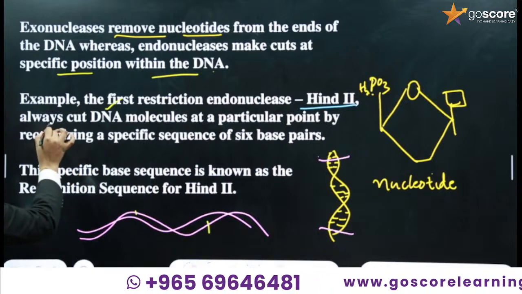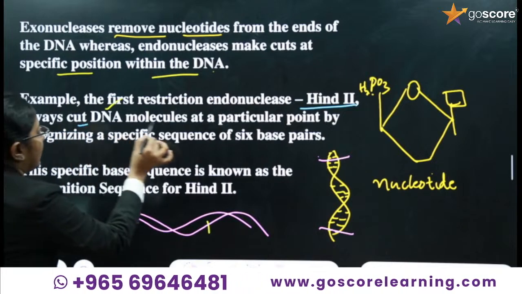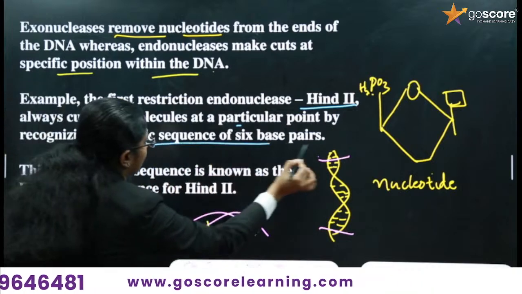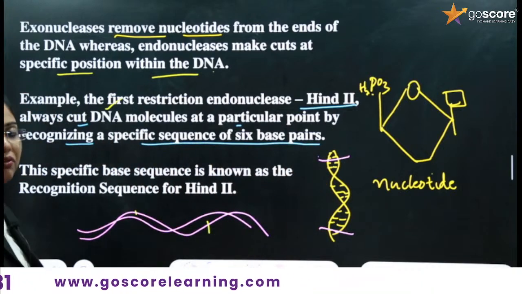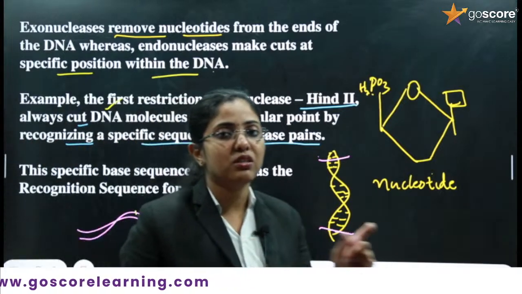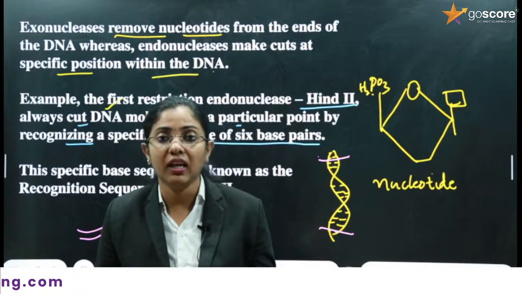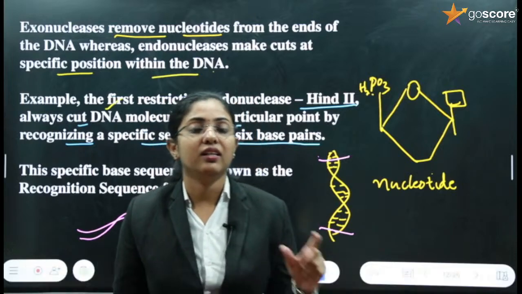And what is the function of this HindII? It always cuts DNA molecules at a particular point by recognizing a specific sequence of 6 base pairs. If a sequence of 6 base pairs is present in a particular area of DNA, at that particular site, what happens?